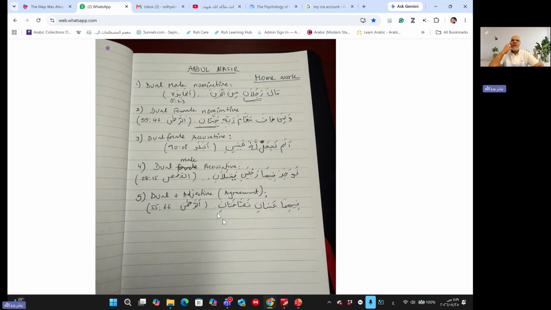So one eye is female, one ear is female, one hand is female, one foot is female. And because it is female, although it doesn't have a ta marbuta, the adjective must show this feminine marker. So we have نضاخة, تاني, where tani means that it is female. So this is 100% agreement. MashaAllah, this is a good example from Sheikh Abdul Nasr.